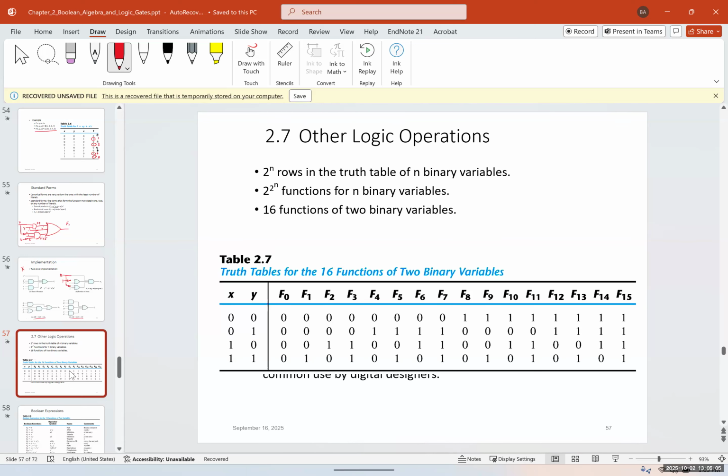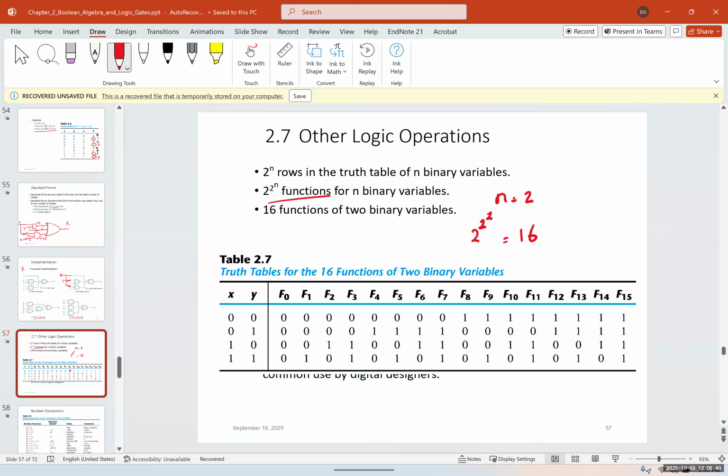And we would have 2 to the power of 2 to the power of n functions for n binary variables. For this example, if n is equal to 2, then the number of functions would be 2 to the power of 2 to the power of 2, or 2 to the power of 4, which is 16. So we're going to have 16 different functions for the variables.